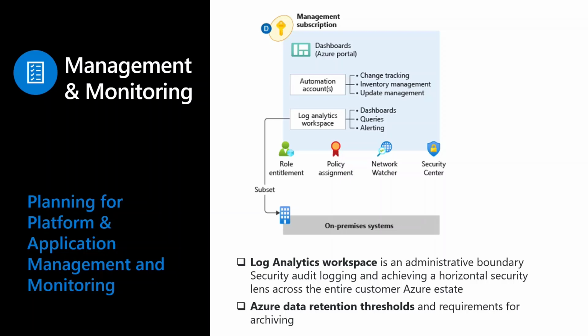Log analytics workspace, to be more precise. So again, you have that central log analytics workspace. And again, back to the policy-driven approach, you have deploy-if-not-exist policies that ensure that whenever you deploy a new resource, the required audit logs and security logs are always stored in that centrally provisioned log analytics workspace.